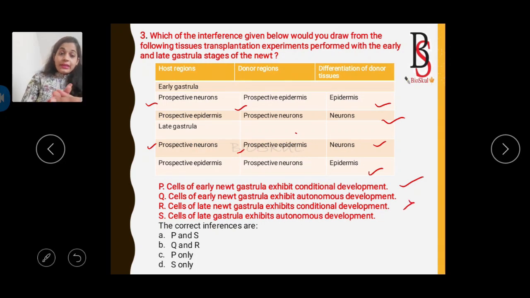No. Cells of late gastrula exhibit conditional development. No. Cells of late gastrula exhibit autonomous development. Yes. So the early gastrula exhibits conditional development and the late gastrula exhibits autonomous development. So the correct inferences are P and S. So option A is the correct answer.